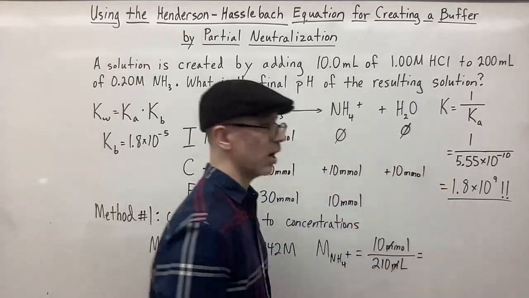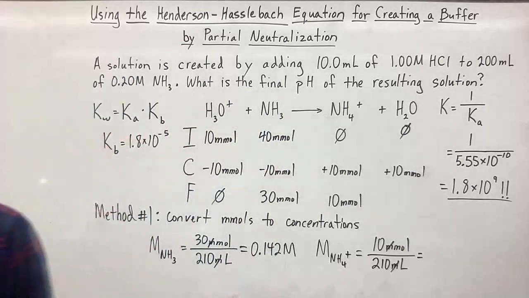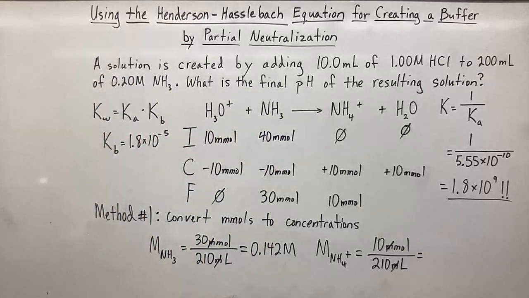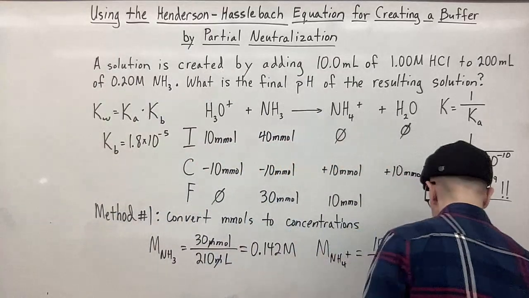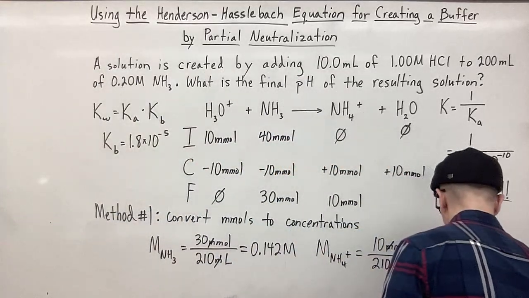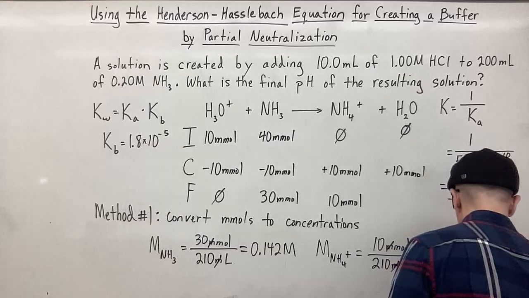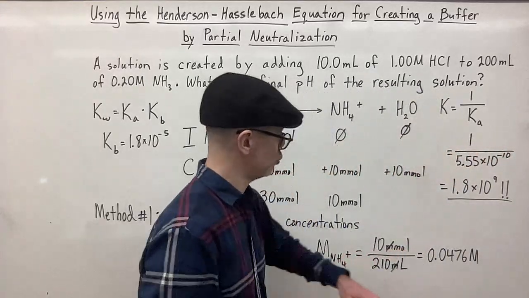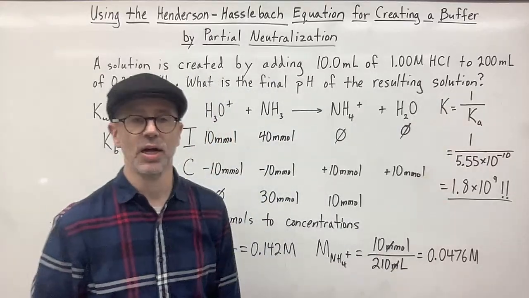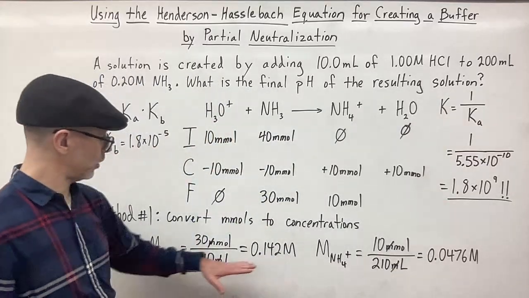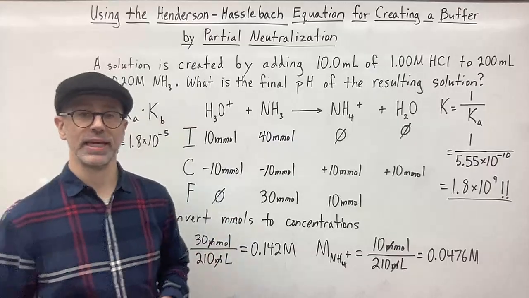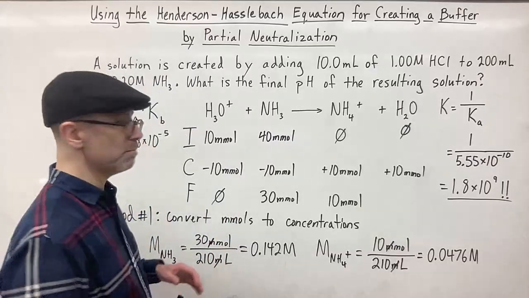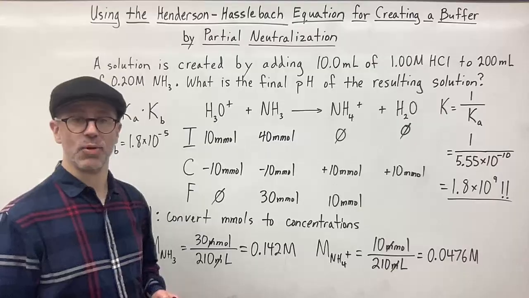So the concentration for ammonium is going to be 0.0476 molar. Again, I'm keeping an extra digit to avoid rounding error. So now that I have the molarities, I can now plug everything into my Henderson-Hasselbalch equation.